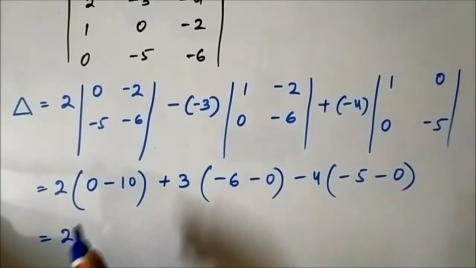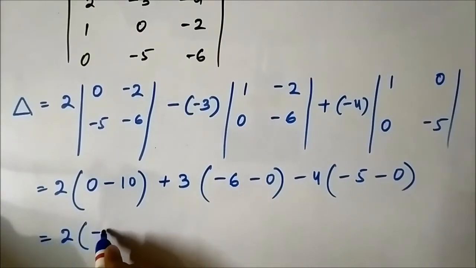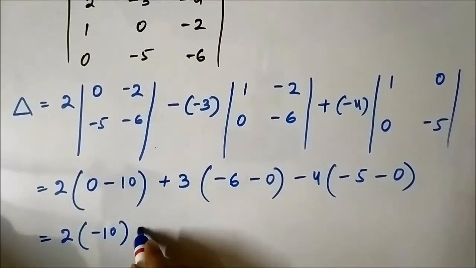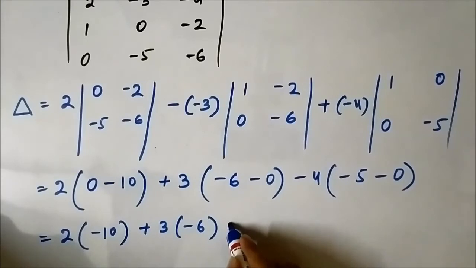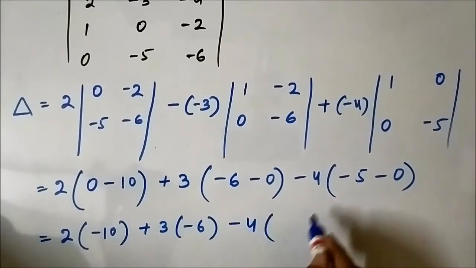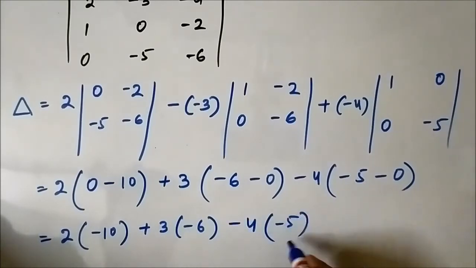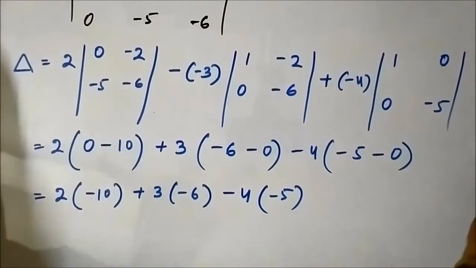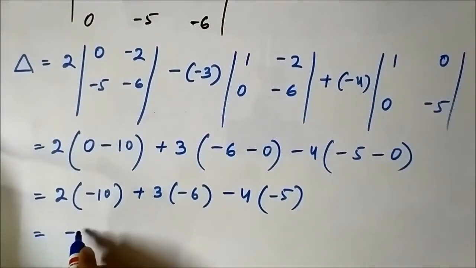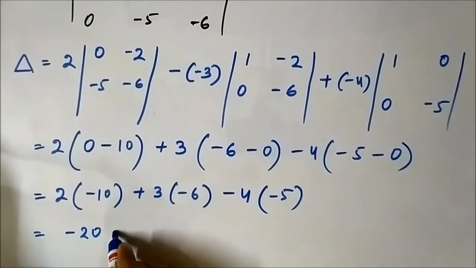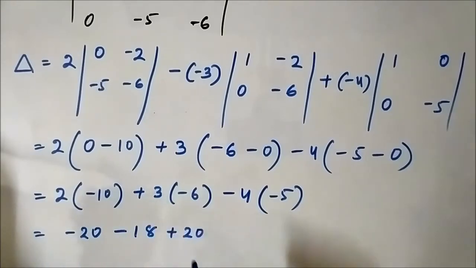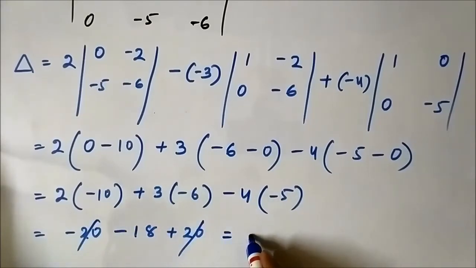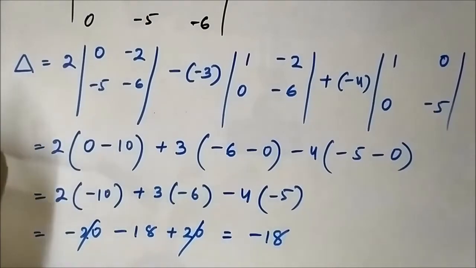So it will be 2 into minus 10 plus 3 into minus 6 minus 4 into minus 5. So it will be minus 20 minus 18 plus 20. These two get cancelled, so the final result is minus 18.